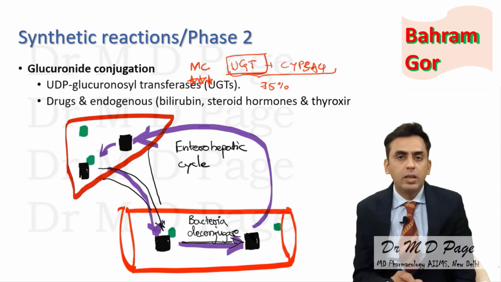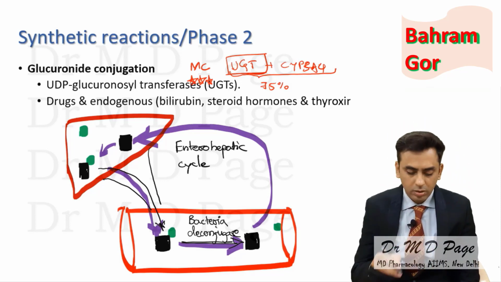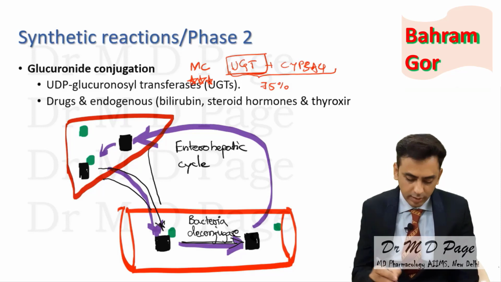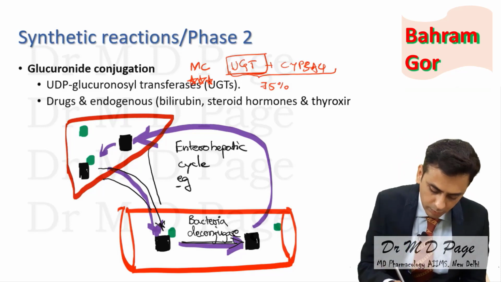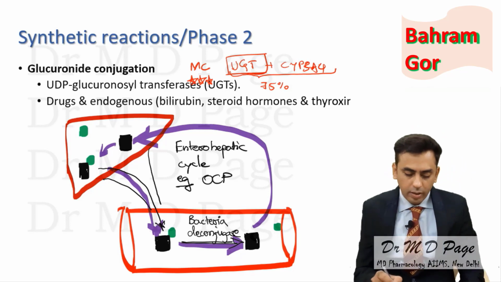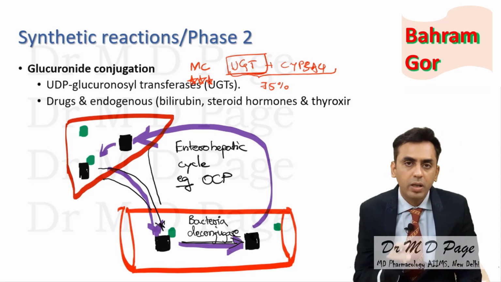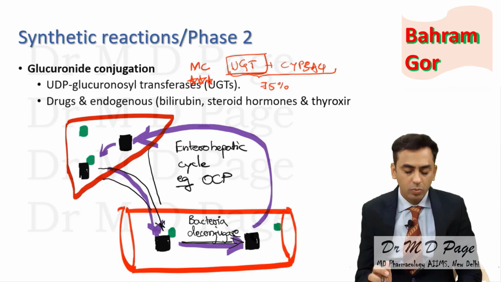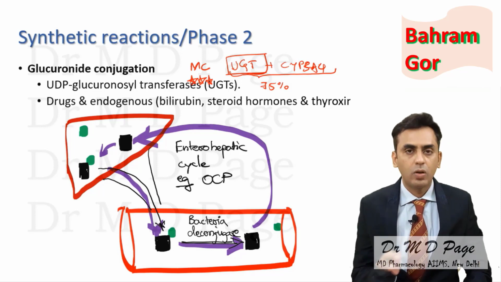What happens if there is enterohepatic cycling? The drug becomes longer acting. Example of this is OCP, oral contraceptive pills.